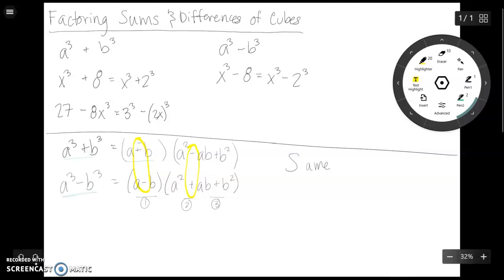If you're doing a difference of cubes, then your binomial is also going to be subtraction. The second sign is opposite. So if your first sign was positive, then your next sign is negative. You do the opposite sign.